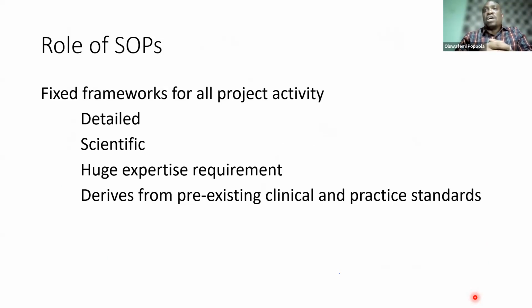Every repeated and frequently done process in a clinical trial should have an SOP, a standard for how it will be delivered, including who is supposed to do it, who monitors it, what indicators are used for monitoring that process, and how frequently they will be collected and potentially also assessed. So the frameworks need to be detailed without being cumbersome.